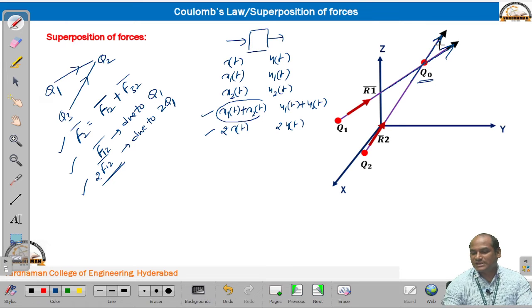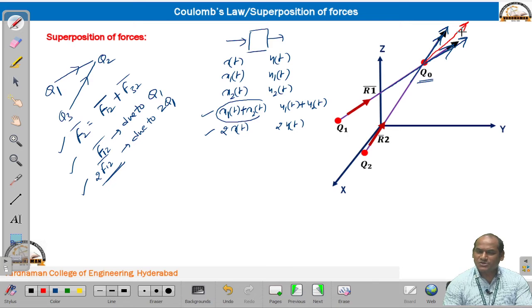So only one total force is there on Q naught, but the direction of that force is important here. Calculating the magnitude is easy, but direction is important. One vector is in this direction, the second vector is in this direction, so the resultant direction will be like this. Otherwise, you can apply the vector addition rule. This is the concept of the superposition principle.